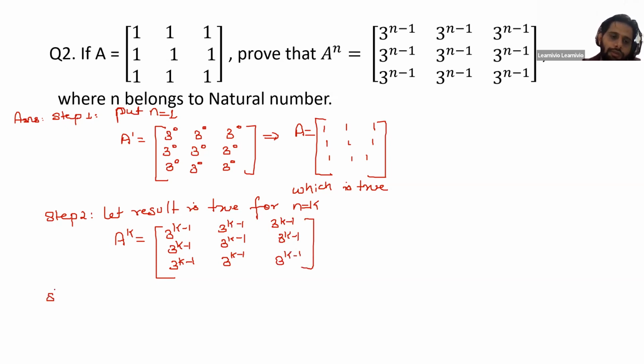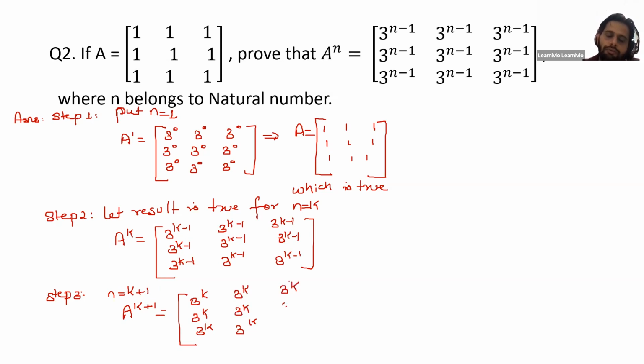Okay. Step 3. Now we have to show that this is also true for k plus 1. You can write the same language which you have written in the previous question. Now you need to prove that A to the power k plus 1 is equal to what? Finally, you will get 3 to the power k. So you need to prove this point. Please take LHS and try to prove that this is equal to 3 to the power k at all the places. Please prove step 3 and confirm to me, then you can start the next topic.